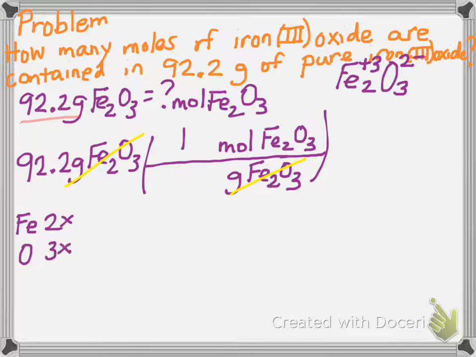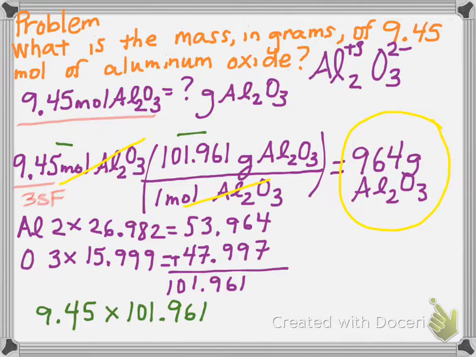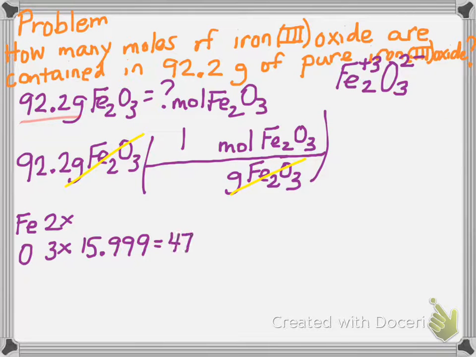I have 3 oxygens, which is still going to be 47.997. It's not going to have changed. Iron is 55.845. And I have 2 of them.